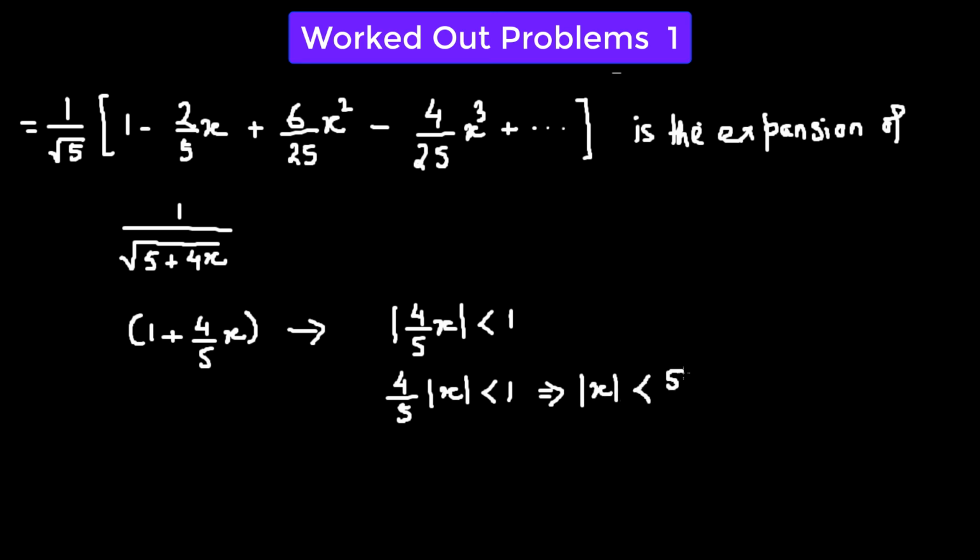So we have the absolute value of x is less than 5 over 4. So that would mean that the value of x belongs to the set containing the numbers from negative 5 over 4 up to 5 over 4. So any value that lies between these two extremes is going to satisfy the binomial expansion.